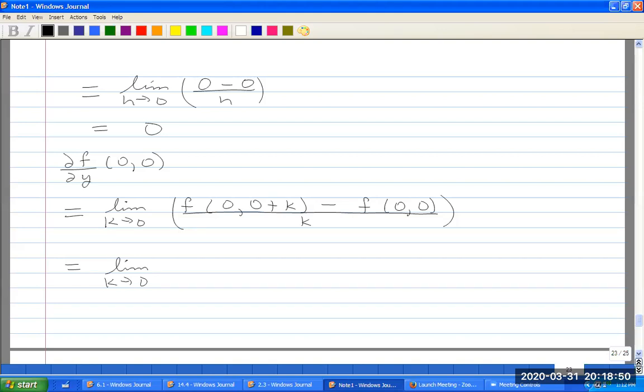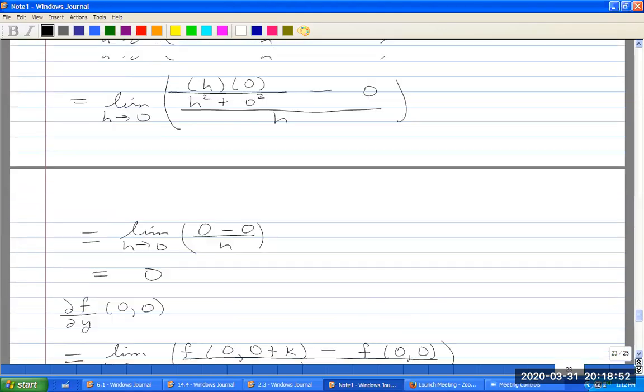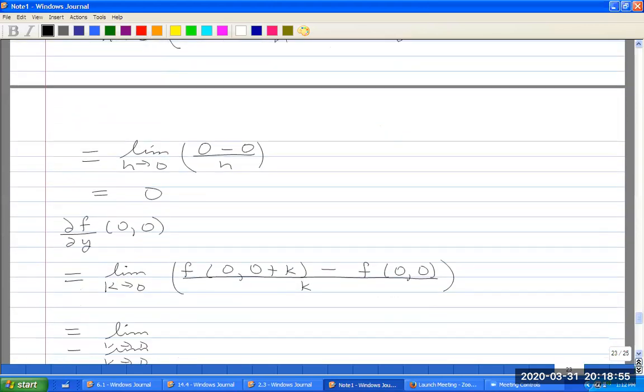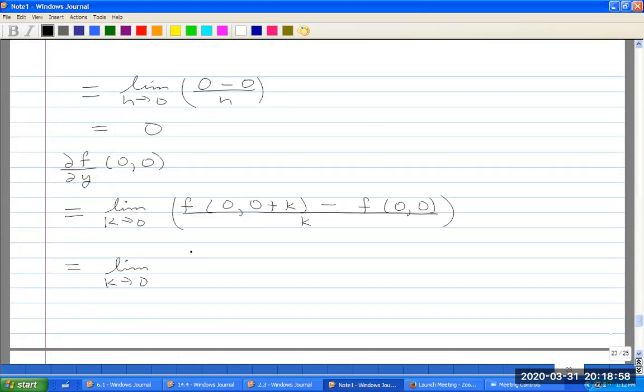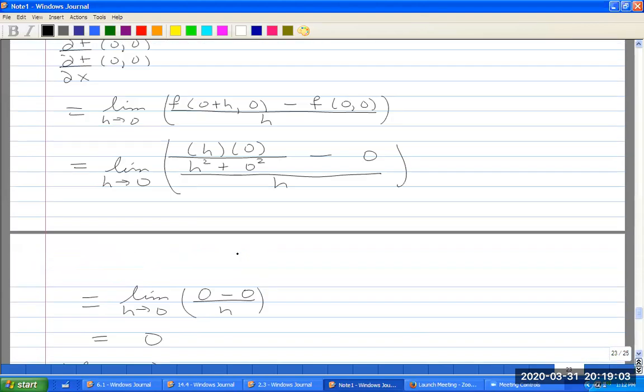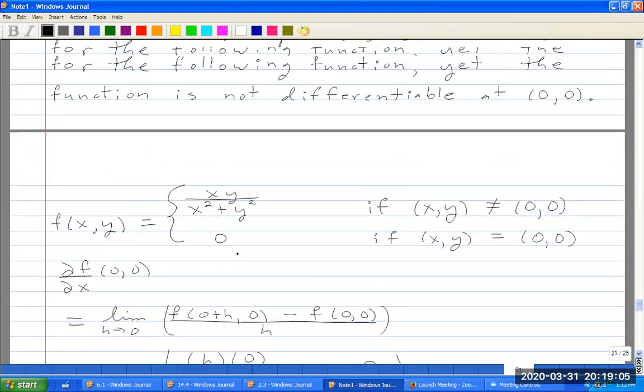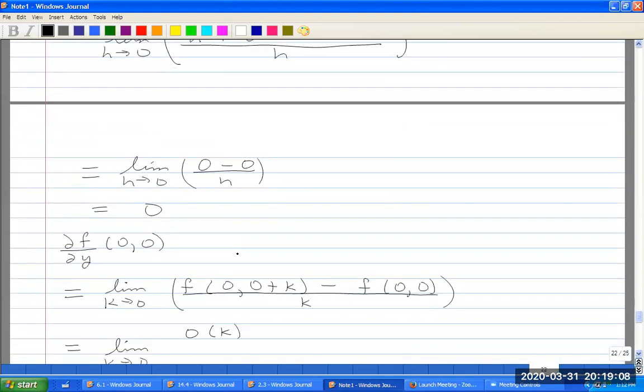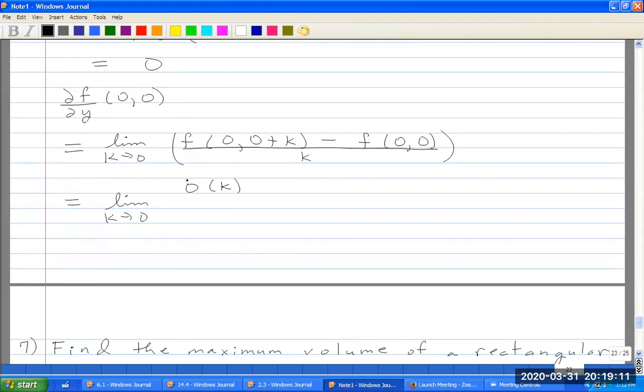This was xy, so xy over x squared plus y squared minus f of 0, 0, which is 0, over k.